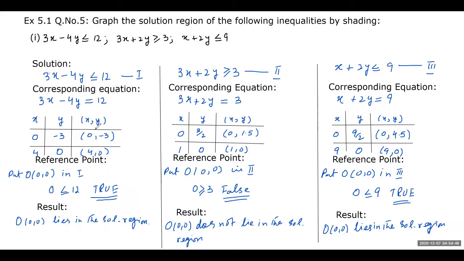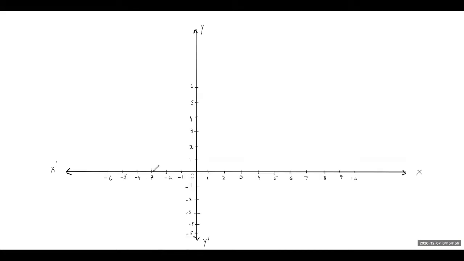First of all, I'm going to plot this inequality. The points of the line are (0, -3) and (4, 0). Let's get to the graph paper. X equals 0, y is minus 3. So the point becomes this. I'm going to plot it with maroon color. (0, -3).